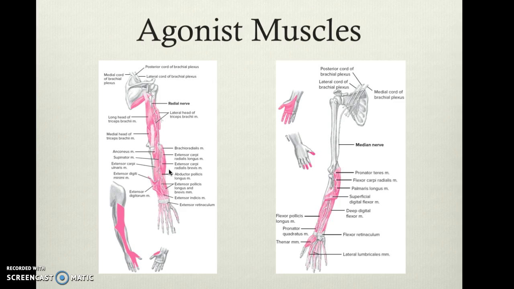But one of the things that is discussed in your textbook is that the anterior portion of the forearm produces flexion and pronation, whereas the posterior portion of the musculature provides extension and supination.